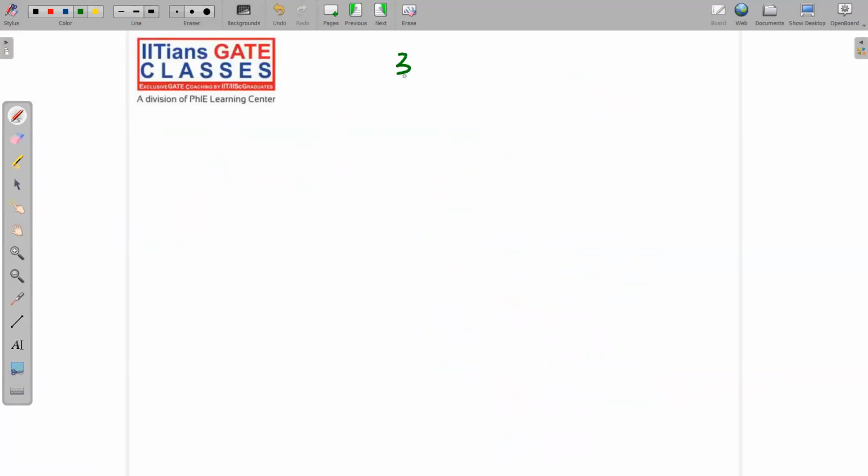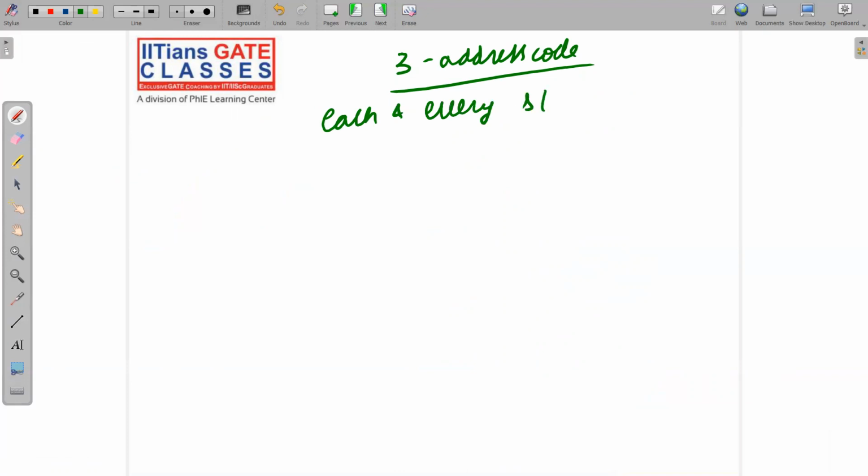So 3 address code means each and every line. What does 3 address code mean? 3 address code means each and every statement must have at most 3 addresses.